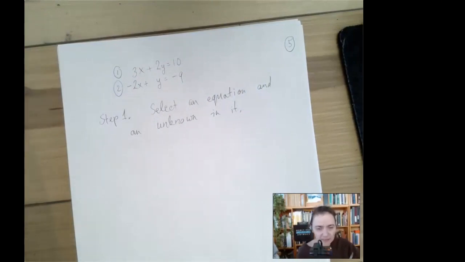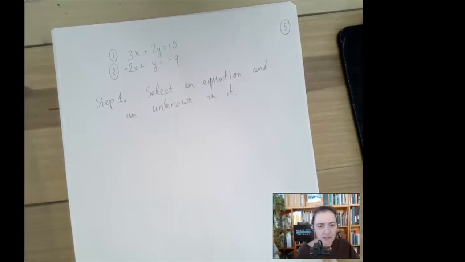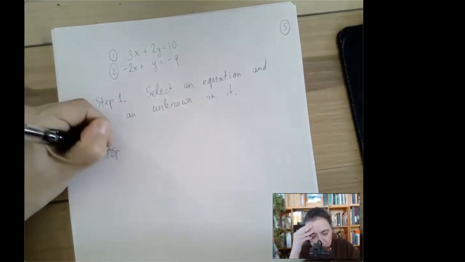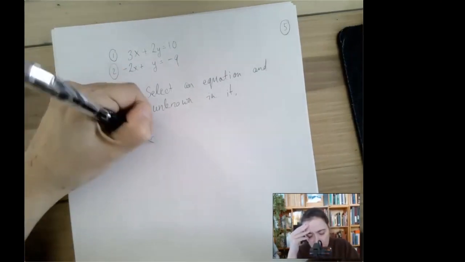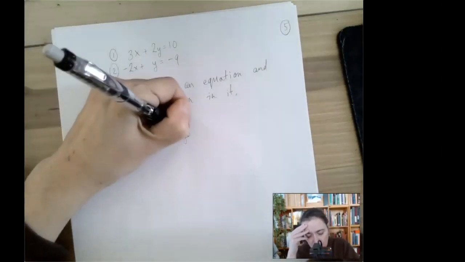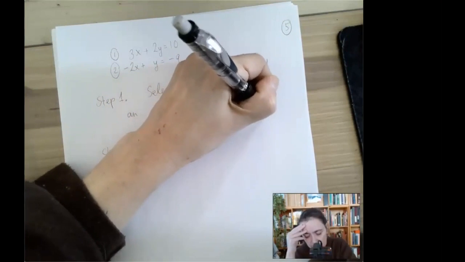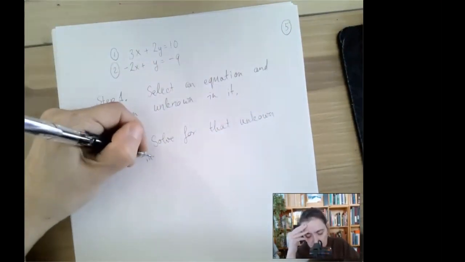And the second step will explain why there is just one decision here that is far better than all the other 3. Step 2, solve for that unknown in terms of the other unknown.